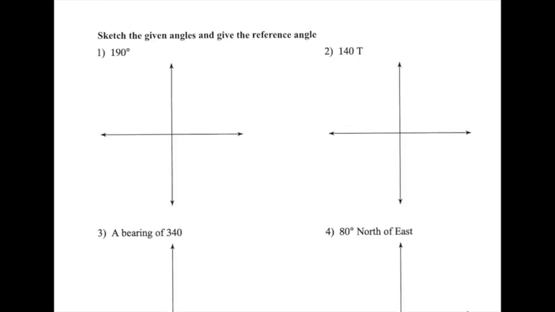The first thing we did was sketching angles based on what they gave you, and then giving the reference angle. So reference angle is closest to which axis? The x-axis, right? So you're first going to sketch the angle, and then you're going to figure out how close it is to your x-axis. Let's look at a couple of ways they can give it to you. When you just see this, what type of graphing should you be doing?